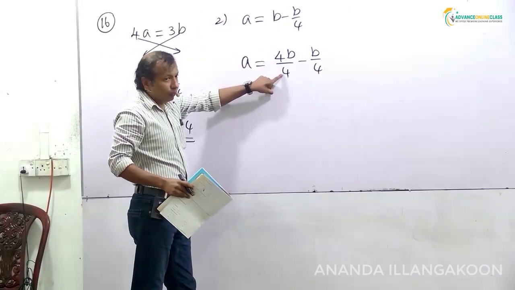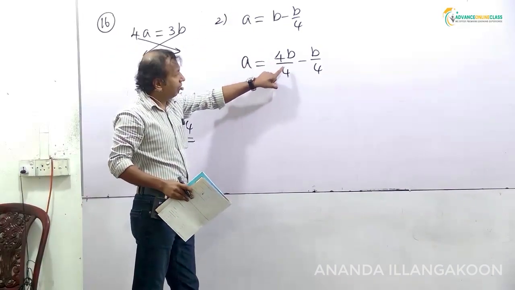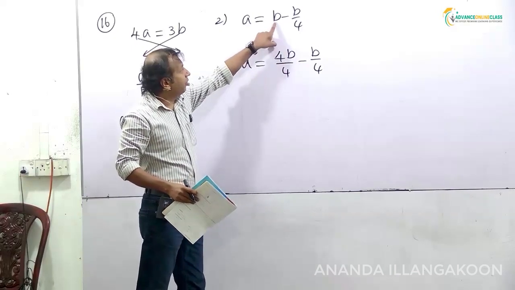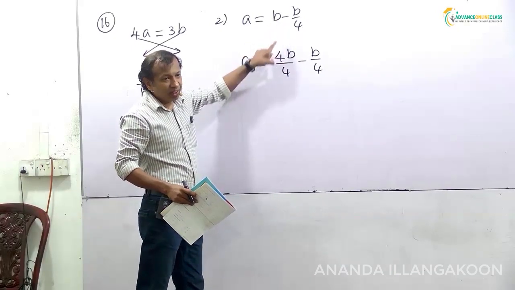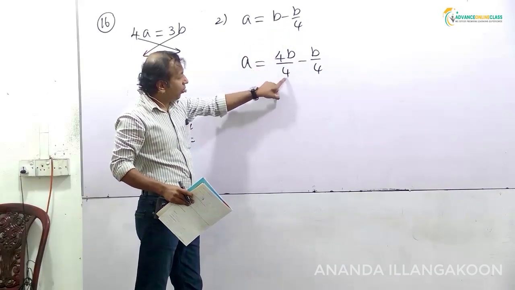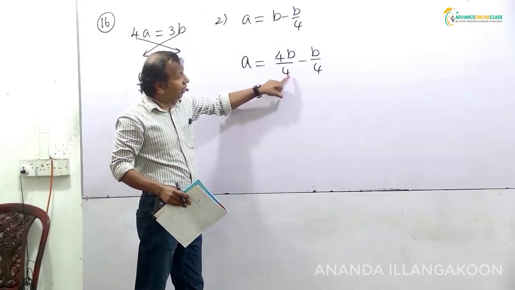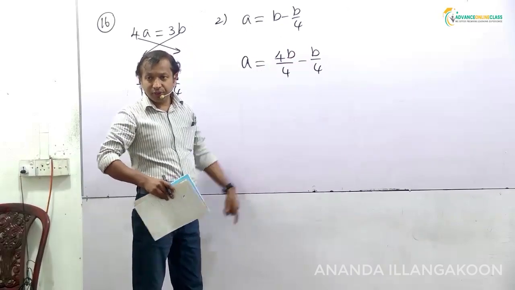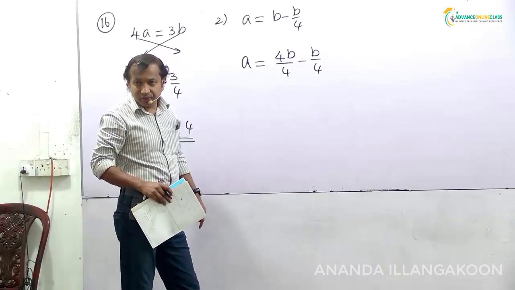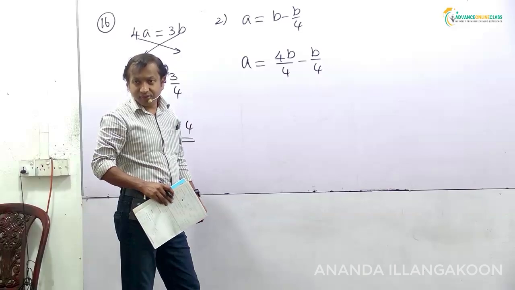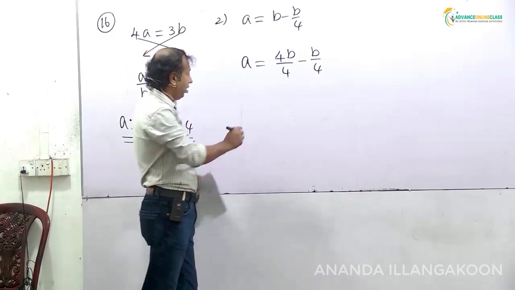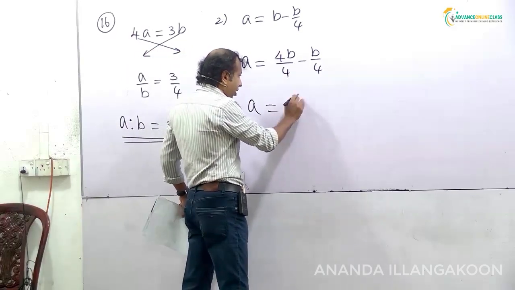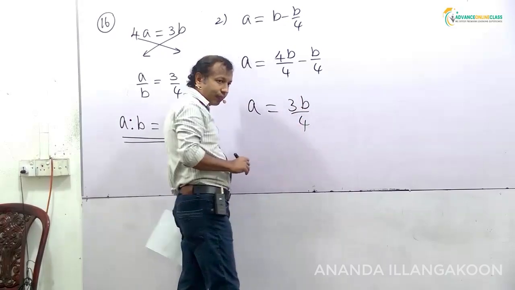This 4 and this 4 we can cancel down, then we get B. Now we have common denominator 4. Therefore, we can subtract this B from this 4B. 4B minus B is what? 3B. A equals 3B by 4.